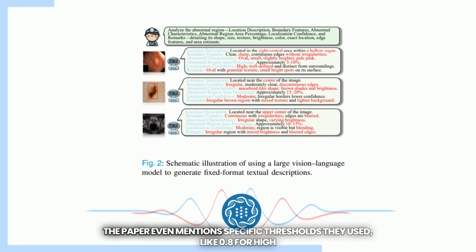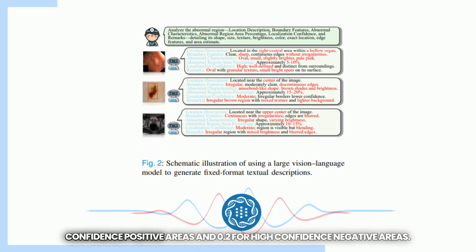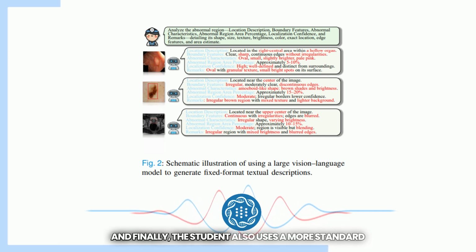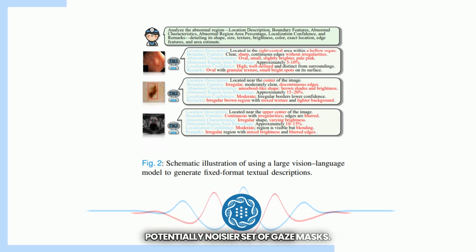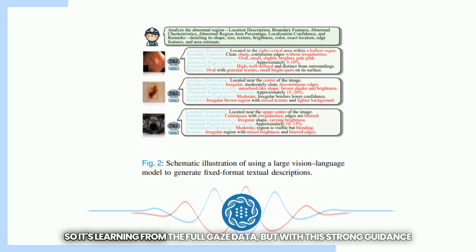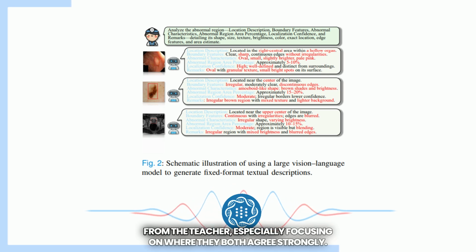The paper even mentions specific thresholds they used, like 0.8 for high confidence positive areas and 0.2 for high confidence negative areas. And finally, the student also uses a more standard comprehensive cross-entropy loss, but this time over that broader, potentially noisier set of gaze masks. Right, so it's learning from the full gaze data, but with this strong guidance from the teacher, especially focusing on where they both agree strongly.